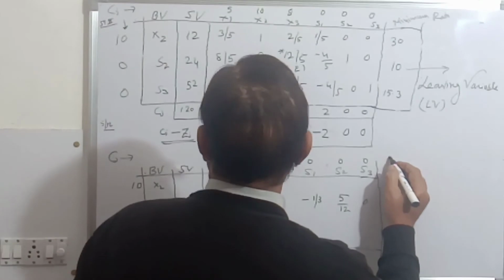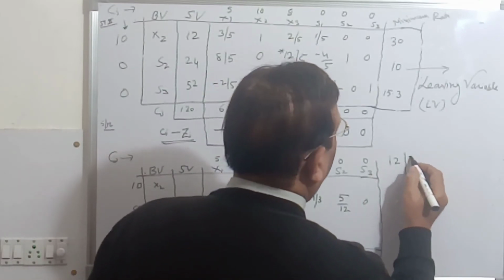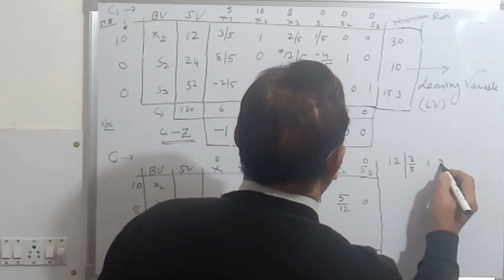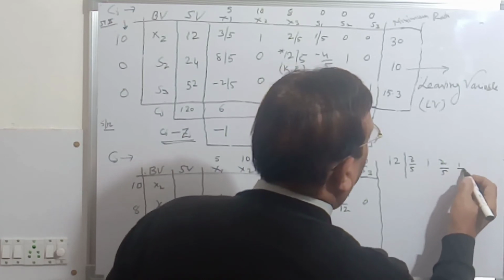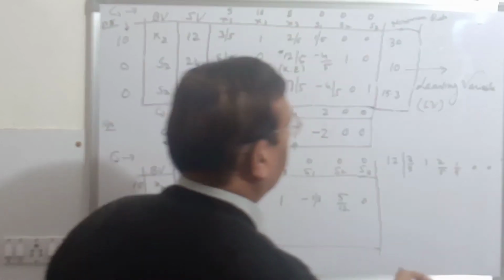So let's do that. 12, 3 by 5, 1, 2 by 5, 1 by 5, 0, 0.